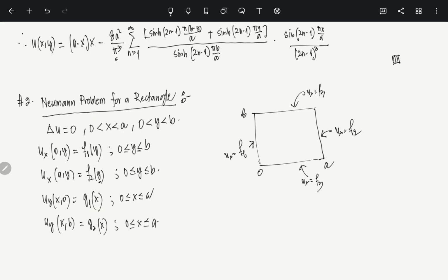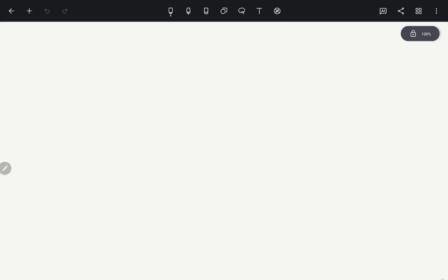There is a compatibility condition here. The integral of the f is going to be 0. So whatever is on the boundary data, the compatibility condition that must be fulfilled will look like this.